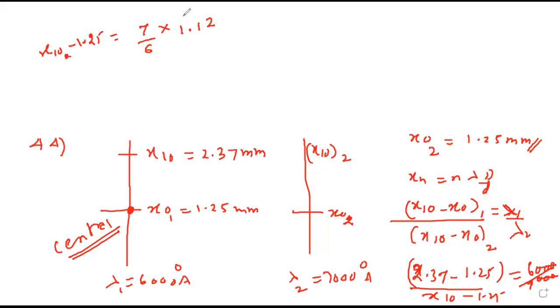6 into 1 is 6. Remainder will be 52. Okay, not perfectly divisible. We can cancel a little. 6 into 1 is 6. Remainder 5. 6 8s are roughly 48. So x10 for the second color is 1.25 plus 7 8s are 56, 7 and 5, 12.